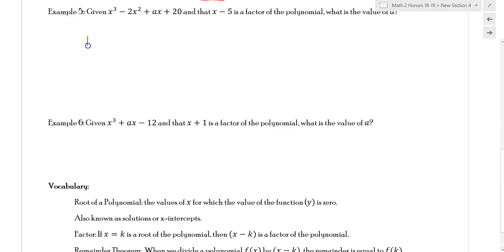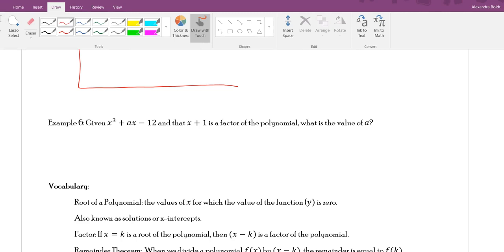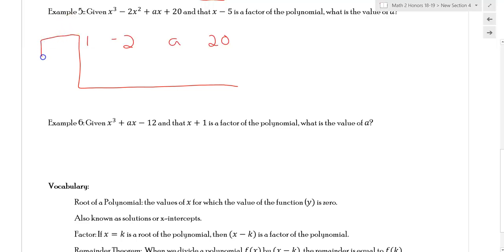So I have 1, negative 2, a, and 20. Then I have my x minus 5 equals 0, so x has to equal 5. That's what we're dividing by.